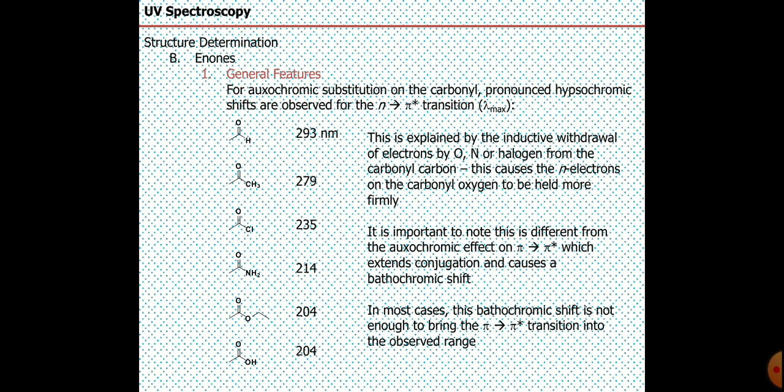For amide, 214 nanometer. For esters, 204 nanometer, and for acid again 204 nanometer. So it is important to note this difference from the auxochromic effect on the pi to pi star transition, which extends conjugation and causes a bathochromic shift. We know that bathochromic shift is a shift to higher wavelength, also known as red shift.